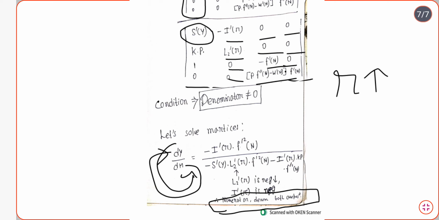Because I dash r is negative, so the negative is cancelled out and becomes positive, and f dash square of n is always positive, so the numerator is positive. Similarly the denominator will also be positive, because L2 dash r is negative and minus s dash y is negative, so minus and minus multiplied gives plus, and minus I dash r is also positive, so this has taken the minus into the negative value and is also becoming positive. So this entire term will be positive.